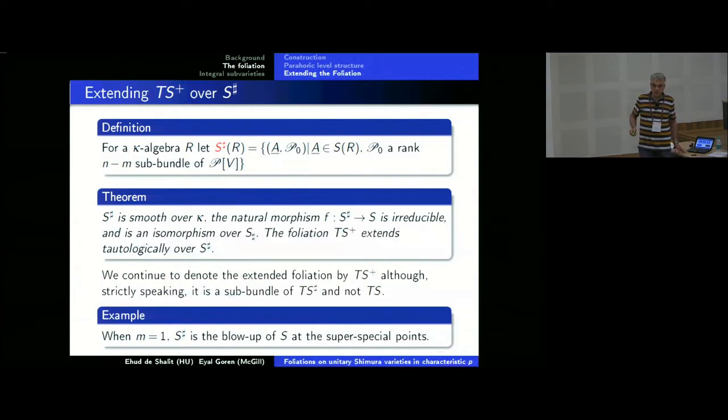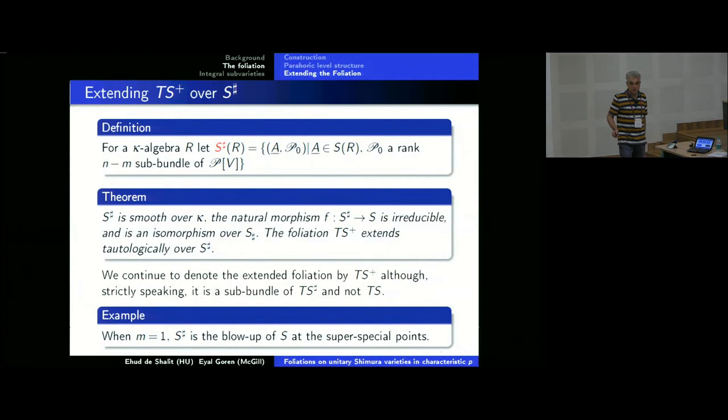And the word tautologically is not a good choice of word. I should change it to canonically. Okay, you would think that you use the same Kodaira-Spencer construction with this P0 tensor Q to extend the foliation. The problem is that over S upper sharp, the Kodaira-Spencer map is defined, but is not an isomorphism anymore.